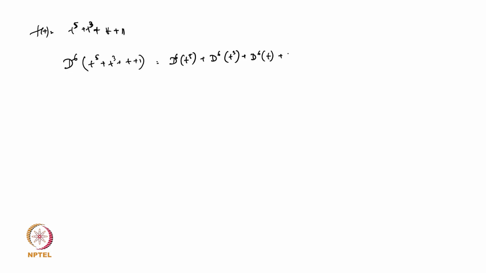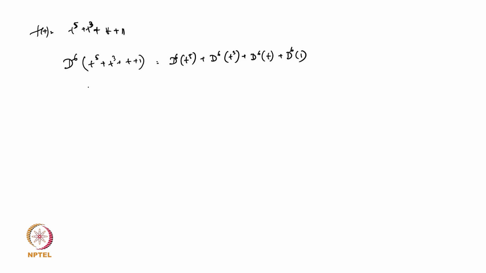Now the point is, as it is a polynomial function, suppose I take D6 of this function, what will happen? So let's see. We first try it this way: D6 of t5 plus D6 of t cube plus D6 of t plus D6 of 1.